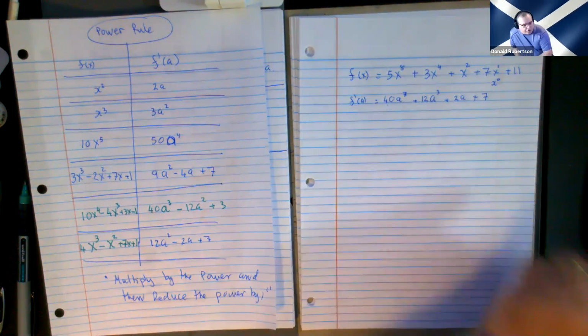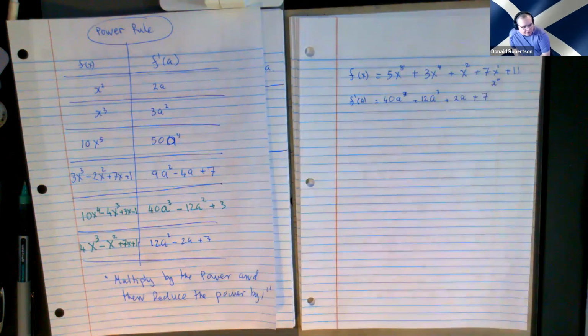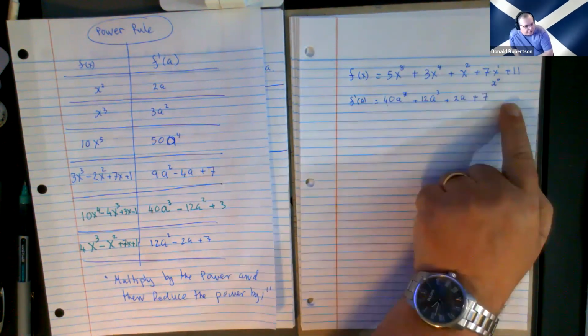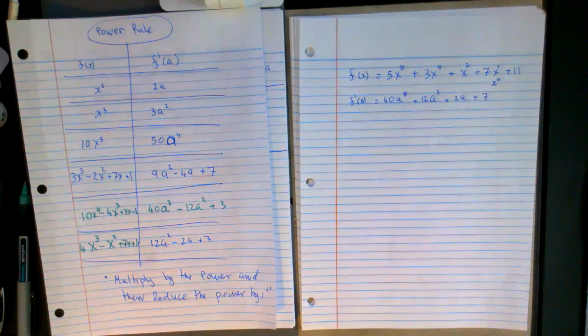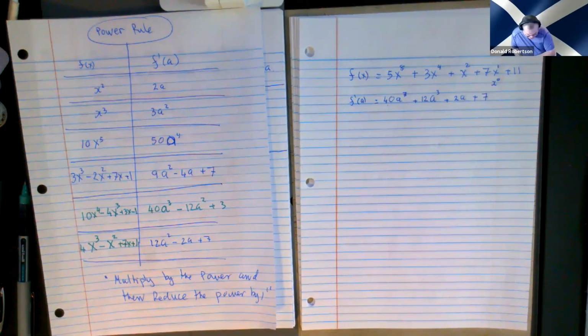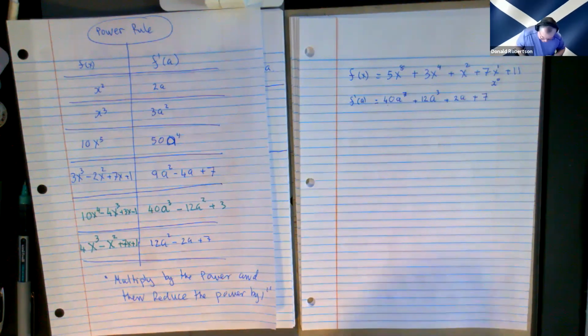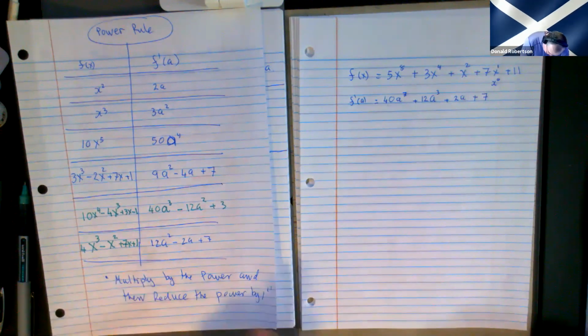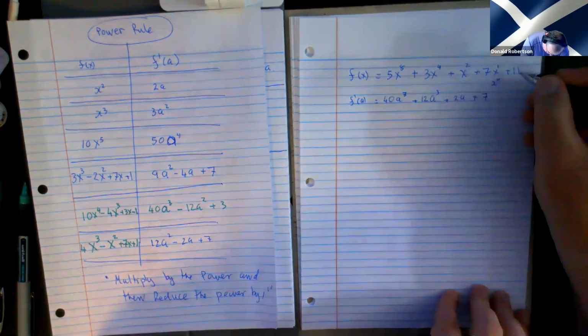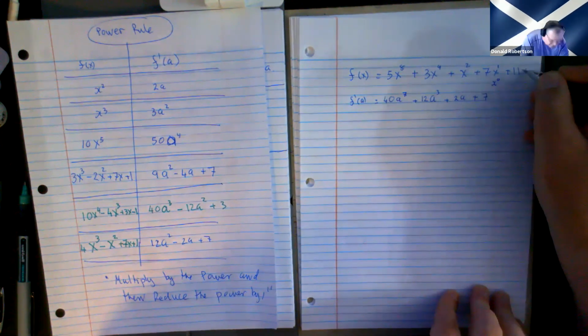What about the numbers like the plus 1s and the plus 7s and the minus 20s and whatever? Do they contribute anything to the answer, or do they just disappear? They just disappear. Just to prove to you why they disappear, because the power rule tells you why: can't the number 11 be thought of as 11x to the 0?